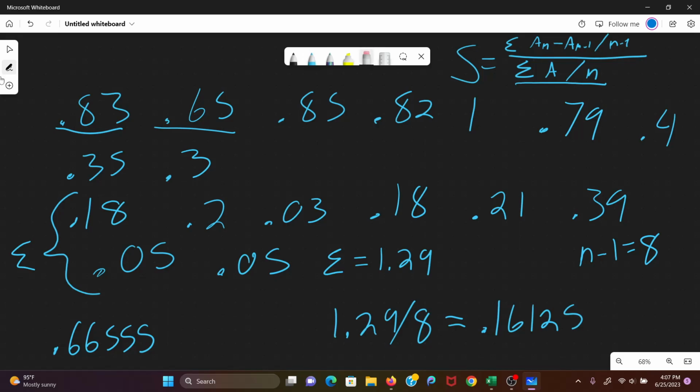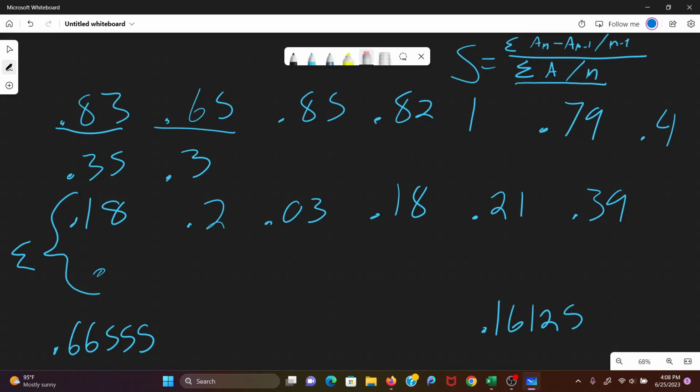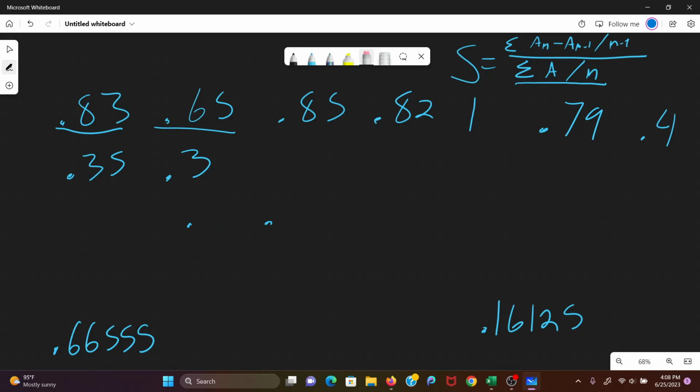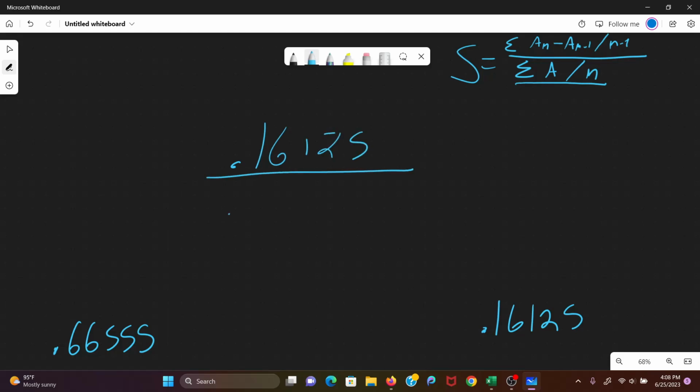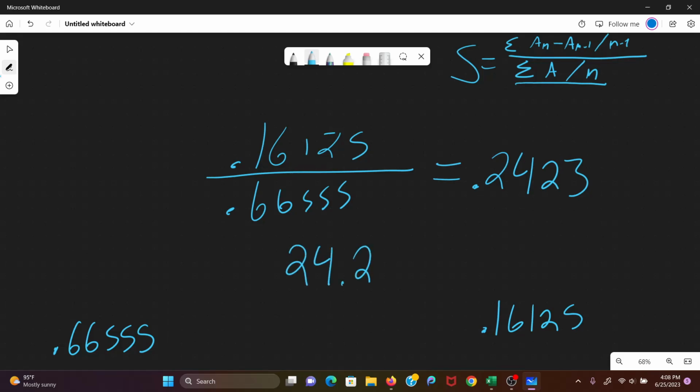Okay, one more step, which is we're going to put our 0.16125 over 0.66555, which equals 0.2423, multiplied by 100 for a percentage, and we get 24.23%.